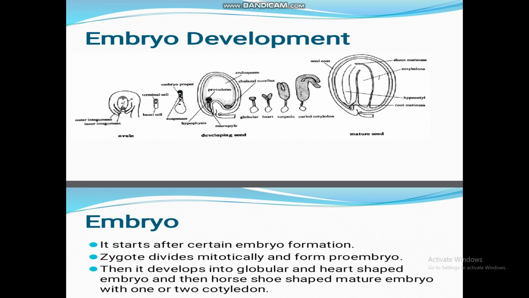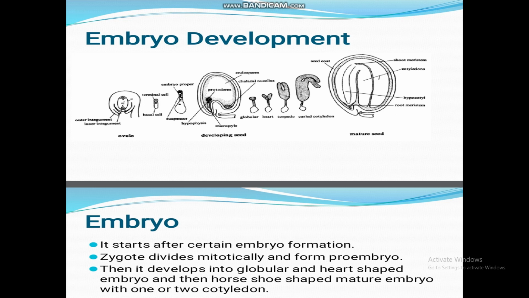Now these are the different forms of embryo, meaning different species have different structures of embryo. Some are heart shaped, some are globular, and some have a single cotyledon or double cotyledon. It starts after certain embryo formation. The zygote divides mitotically and forms the proembryo, which is the stage before the formation of the embryo.